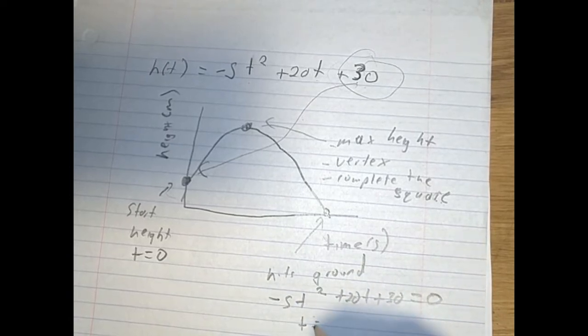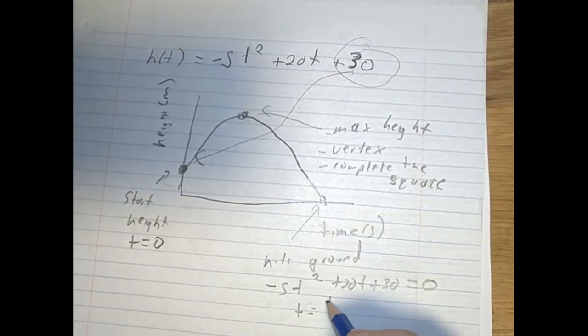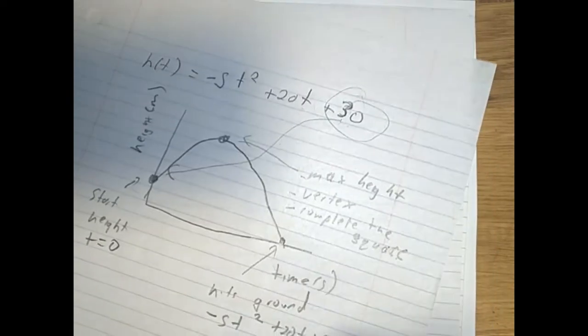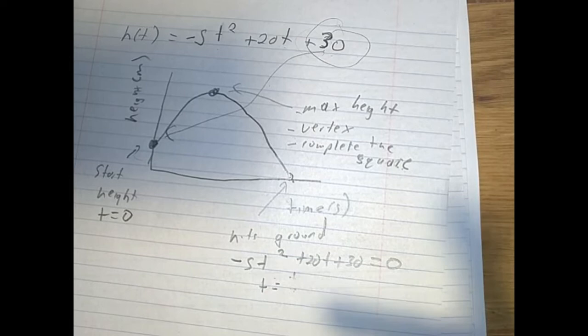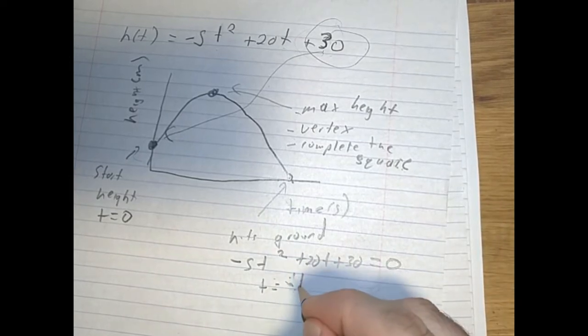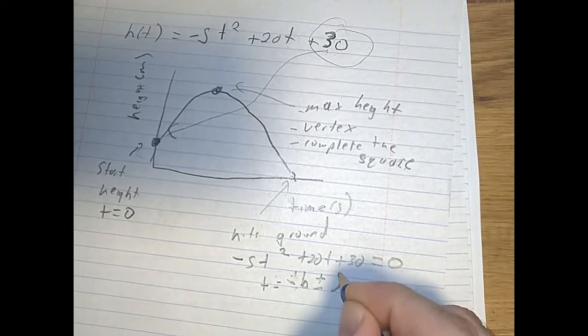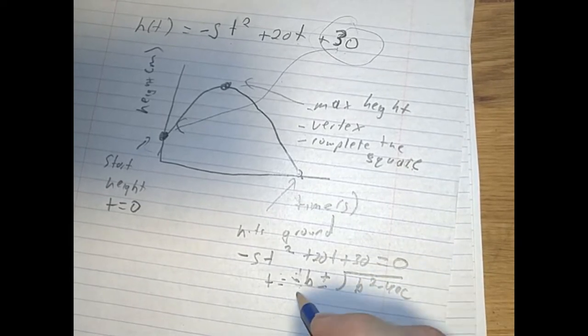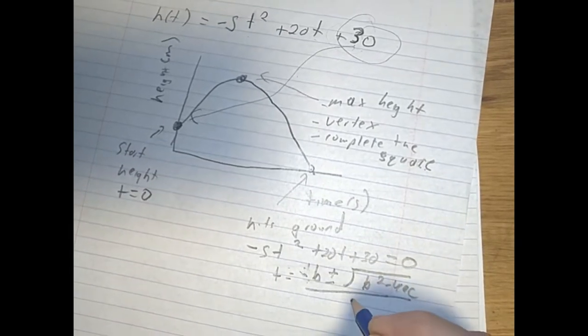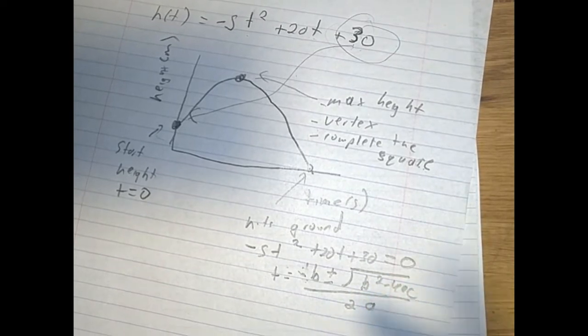So t equals negative b plus or minus the square root of b squared minus 4ac, all over 2a. We'll do some examples later.